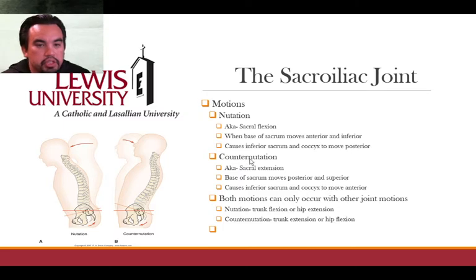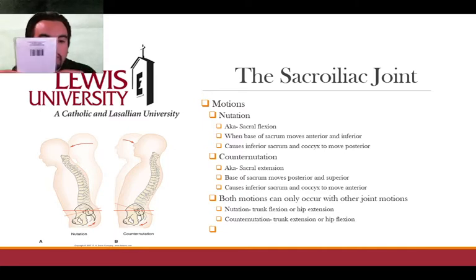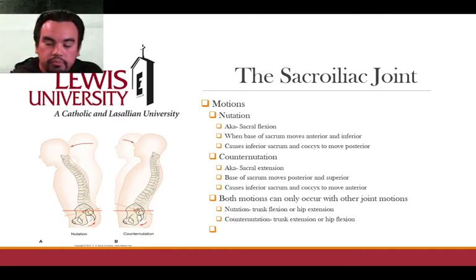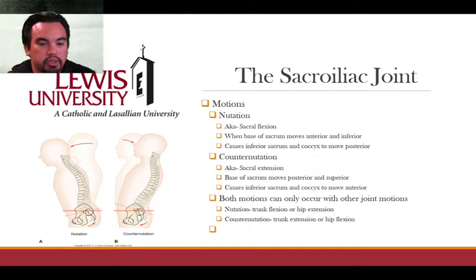And then counternutation, which would be tilting it the other way, tilting it back, where the distal portion moves anterior. And that was where the sacrum and the coccyx move anterior. Like I said, both motions can only occur with other joint motions. Nutation is when trunk flexion or hip extension happens, and counternutation is when trunk extension or hip flexion occurs.